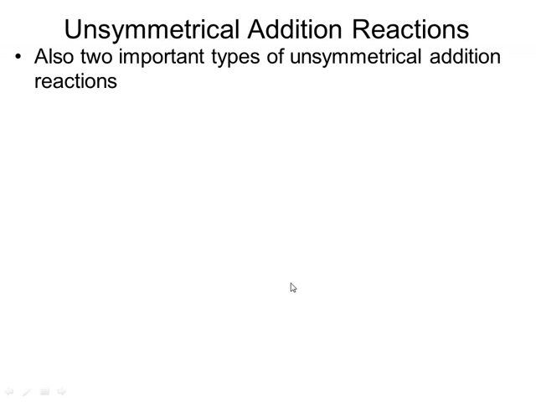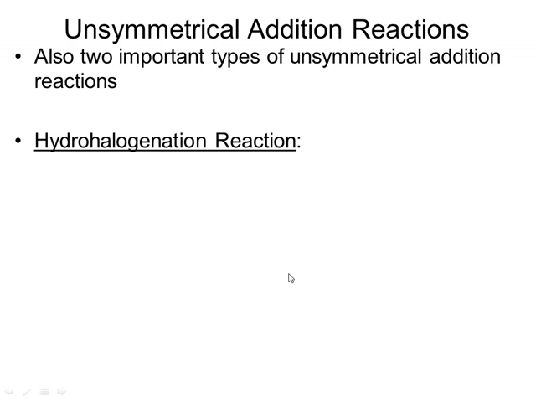The other two are unsymmetrical. So I'm going to spend a little more time on the unsymmetrical reactions. There's two types of important unsymmetrical addition reactions. One of them is called hydrohalogenation. So with hydrohalogenation, all we're doing here is listing out what A and B are, what the two things are. Hydrogen and a halogen, so like HCl or HBr or HF or HI, any of these.